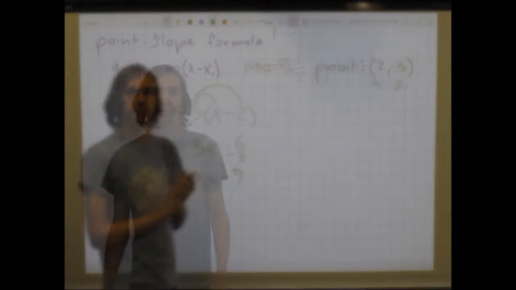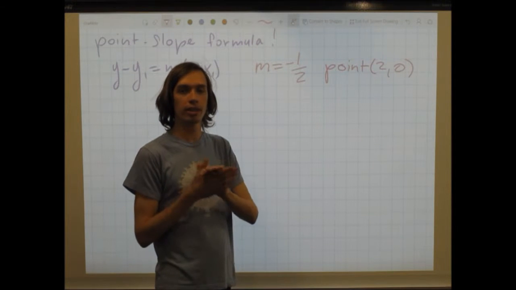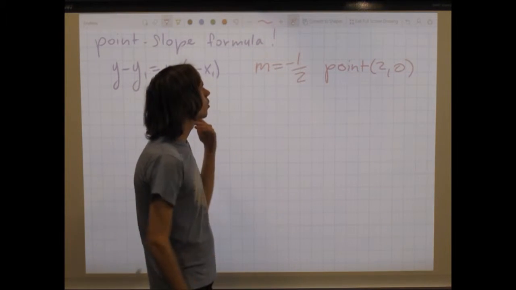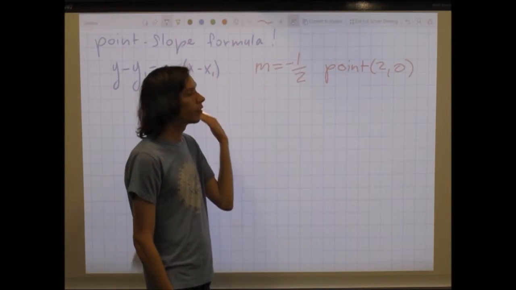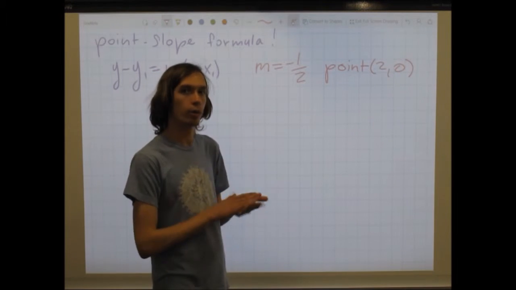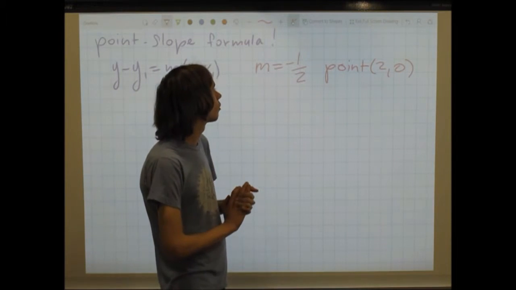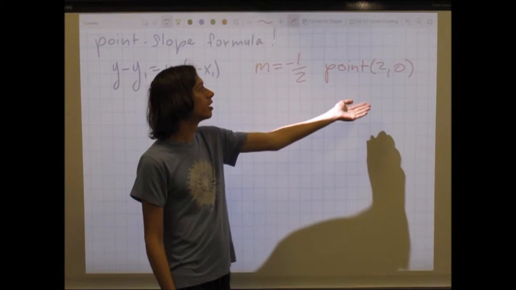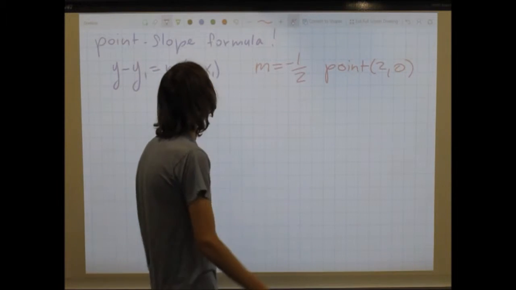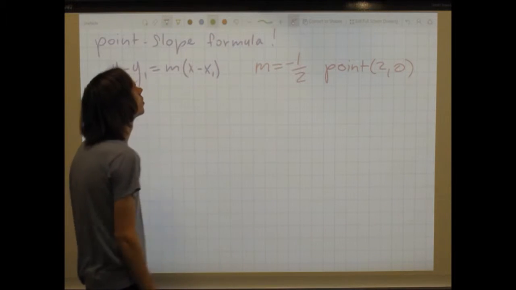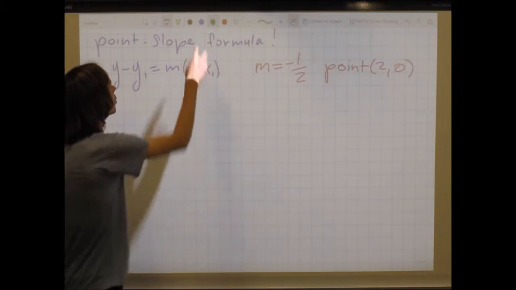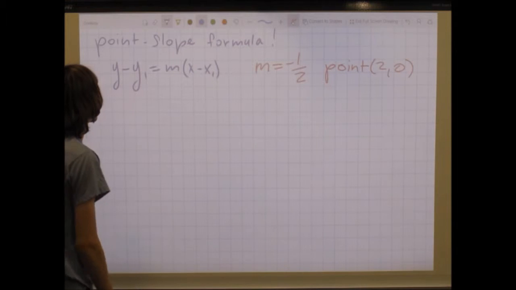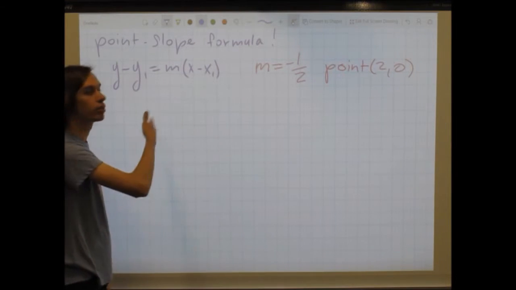Cool. Okay, let's try out another one of these with the point-slope formula. What if they instead told you, find the equation for a line that has a slope of negative 1/2 and includes the point 2 comma 0. Just like before, we're going to put those values into our formula.